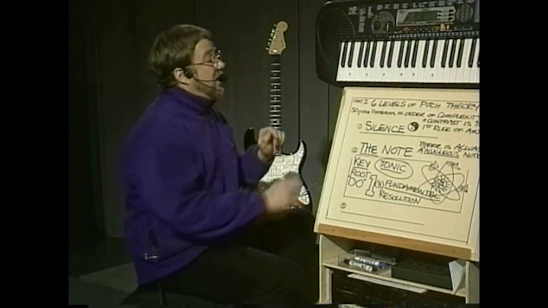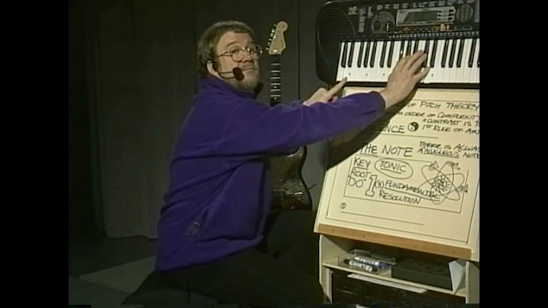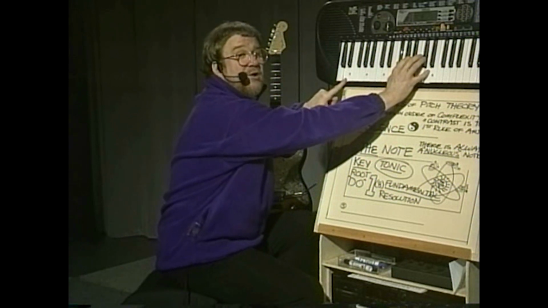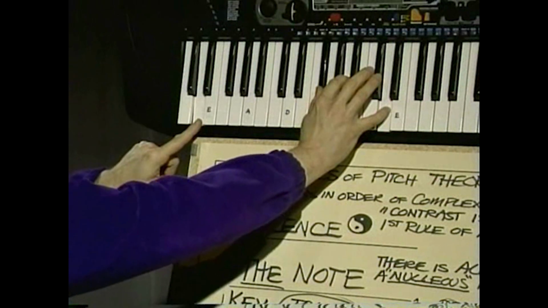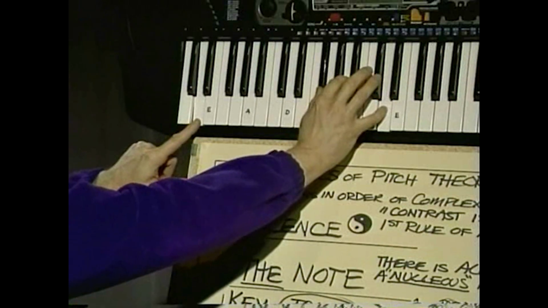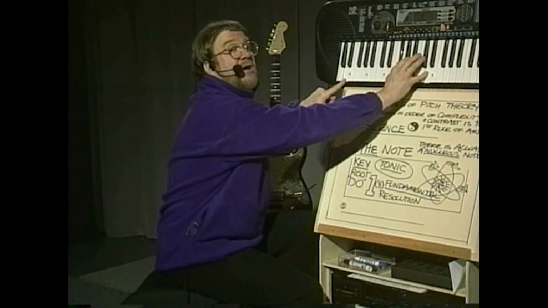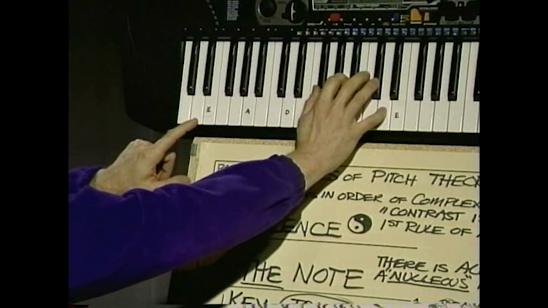For example, I play this chord for you, and my question is, where, by ear, is the nucleus note of that chord? And hopefully you'll be able to go, my ear tells me that pitch is the actual nucleus note of that chord that I'm playing.